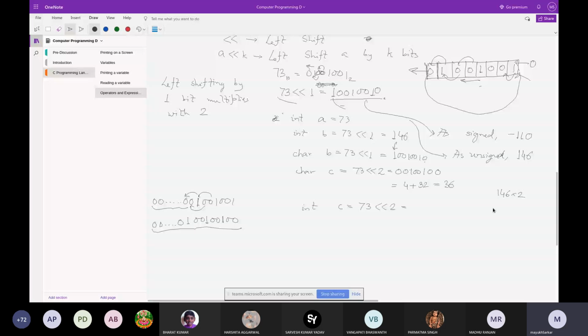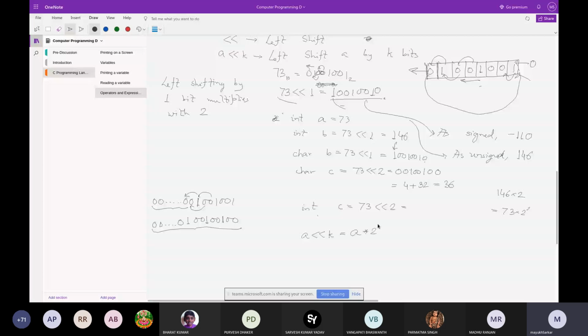So one thing you can understand, that A left shifted by K, considering that after left shifting all the bits are intact, that means even after the left shifting the value is within the bound, this will give you A into 2 to the power K. Okay.